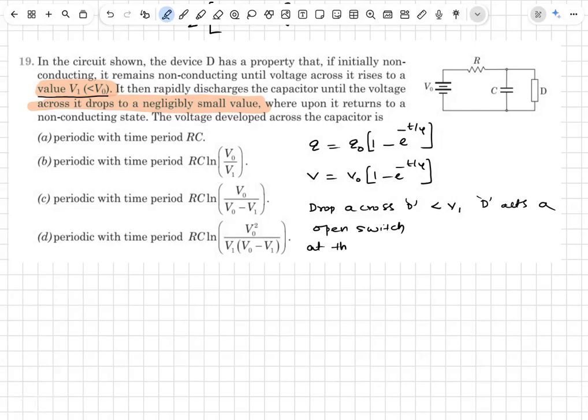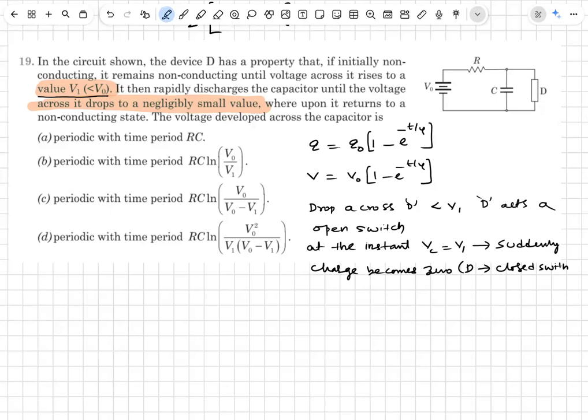Yet the instant V across C becomes V1, suddenly the charge becomes zero because D acts as a closed switch. This is an instantaneous process.